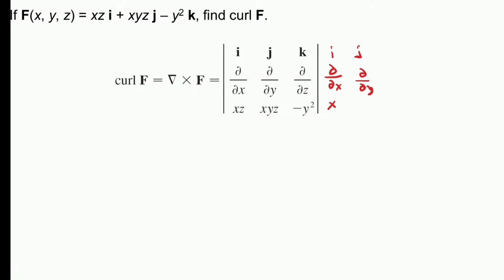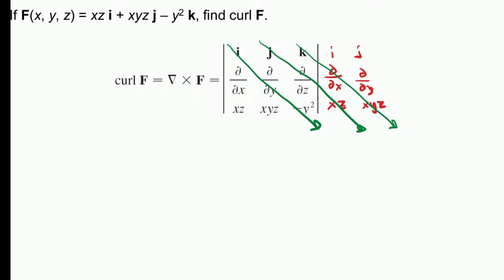Just like with your cross product, I'm going to copy the first two columns down to help me do this cross product. Okay, so let's set up our down arrows. Once you've got it this way, you have i times the derivative with respect to y of this thing, and then j times the derivative with respect to z of this thing.